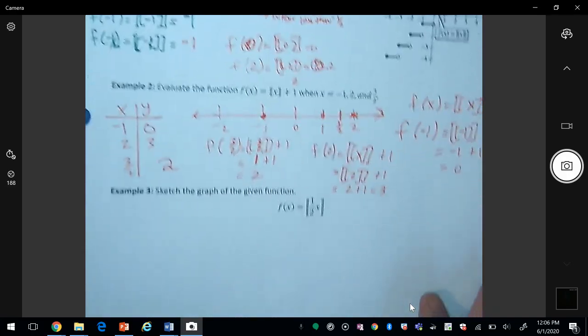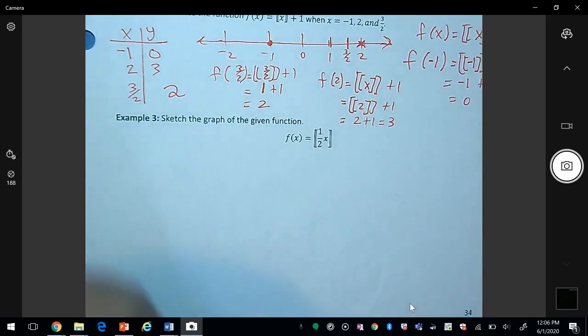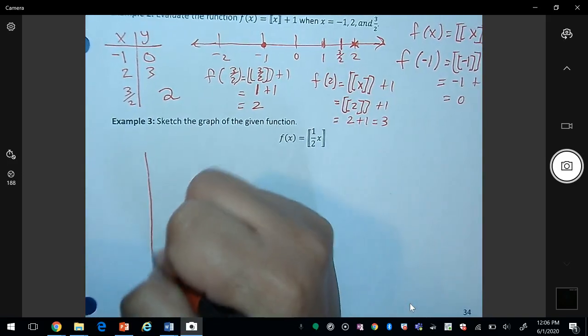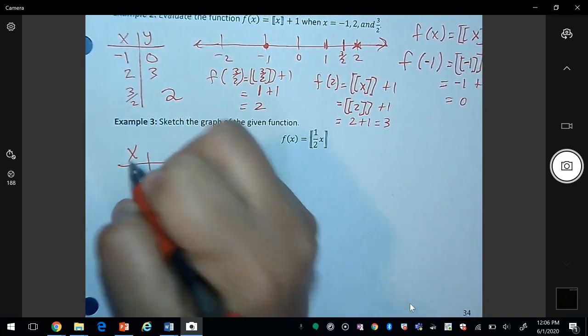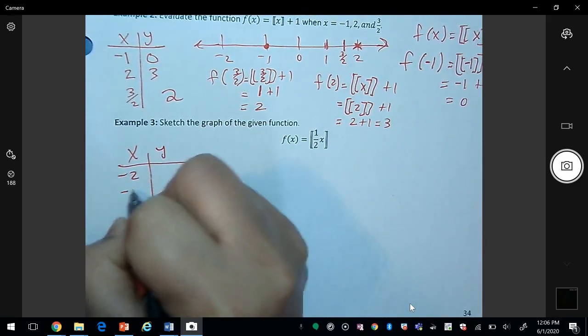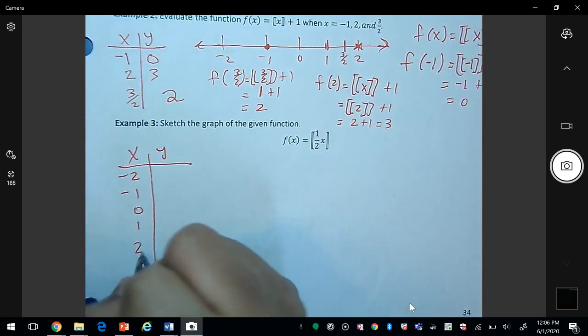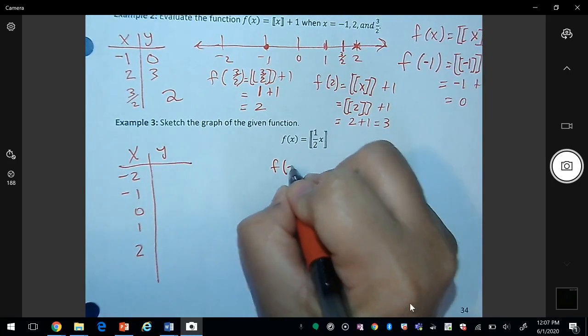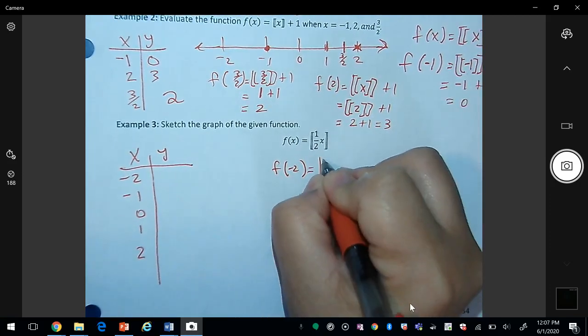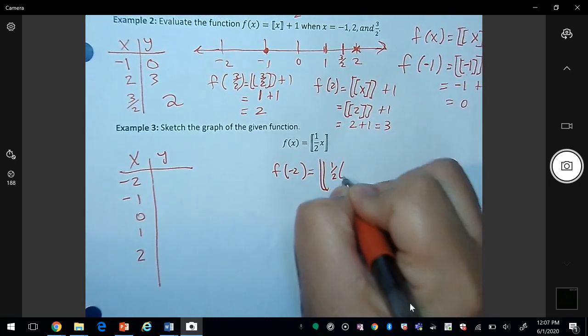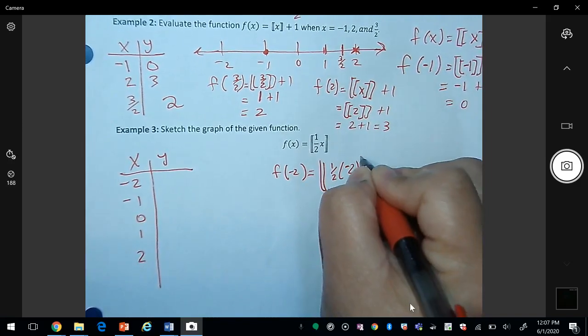So now we want to sketch it. So to sketch, we need some numbers. So I'm going to just choose a few here: -2, -1, 0, 1, and 2. So if I plug in -2, we get 1/2 times -2.